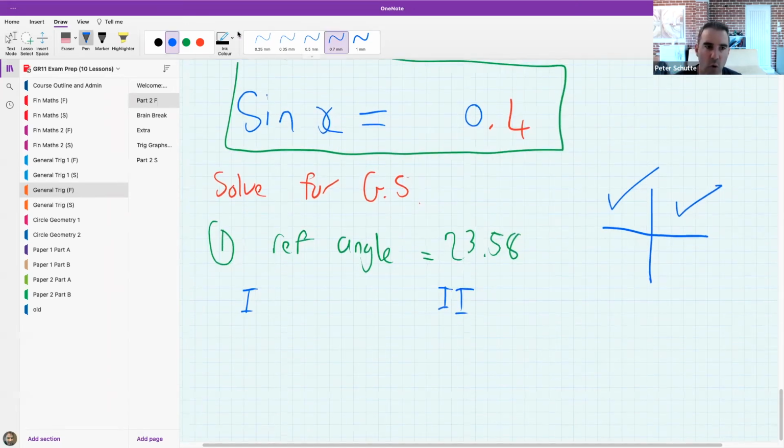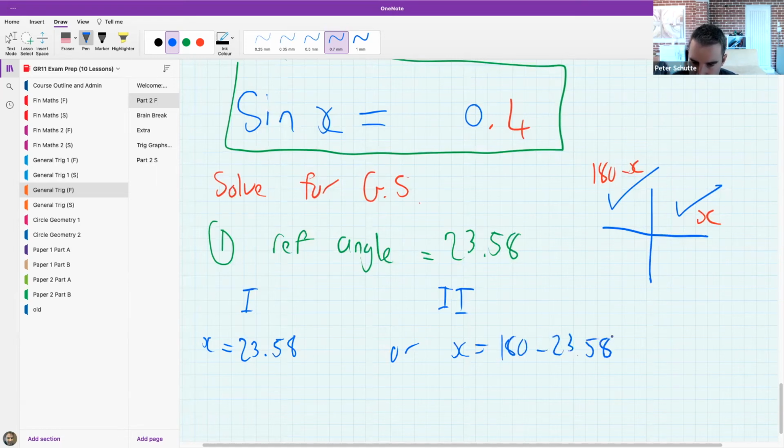In quadrant 1, all angles are of the form x, whereas in quadrant 2, all answers are of the form 180 minus x. So x is 23.58, or x is 180 minus 23.58, which according to my calculator is 156.42.